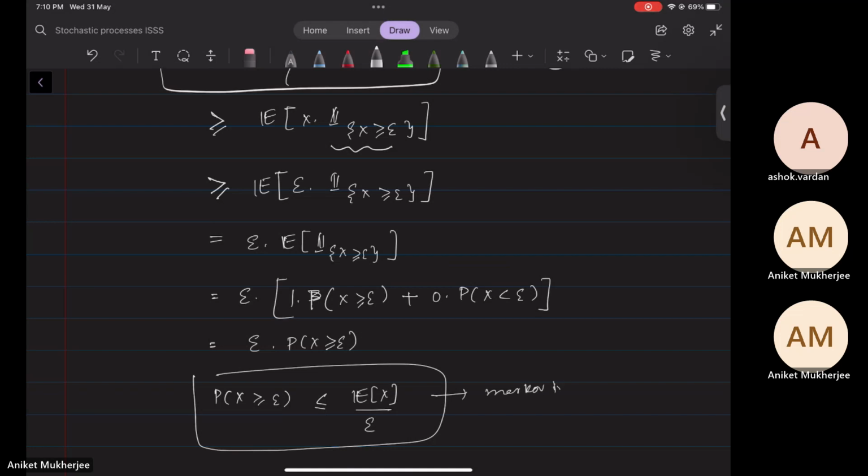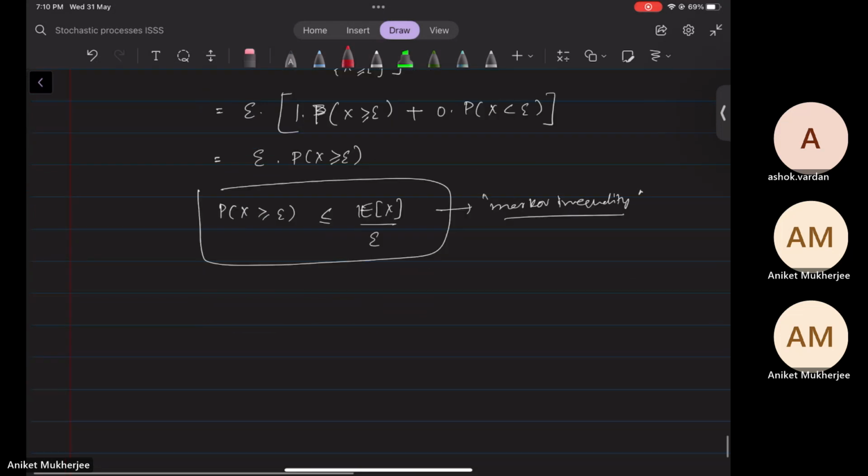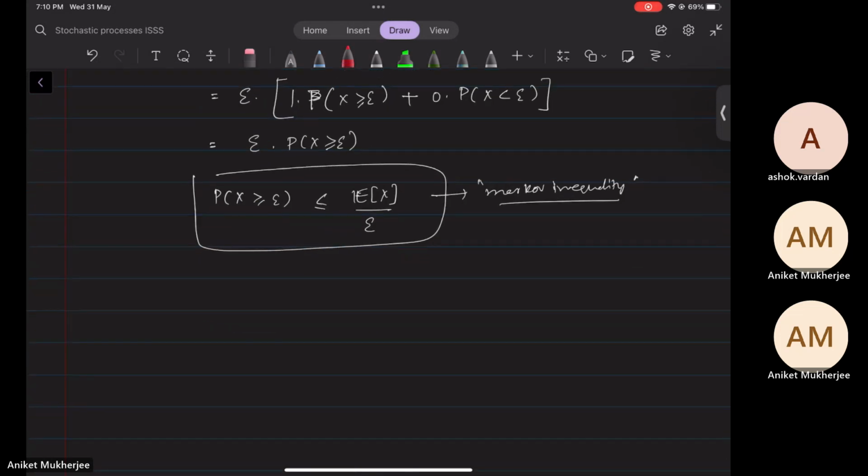And this is a very important inequality, but it doesn't have many practical uses. I'll give you an example of why. Suppose you have some density function, and you have the mean where you have expectation of x.